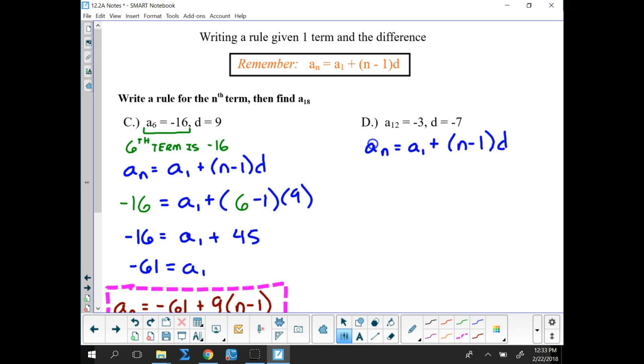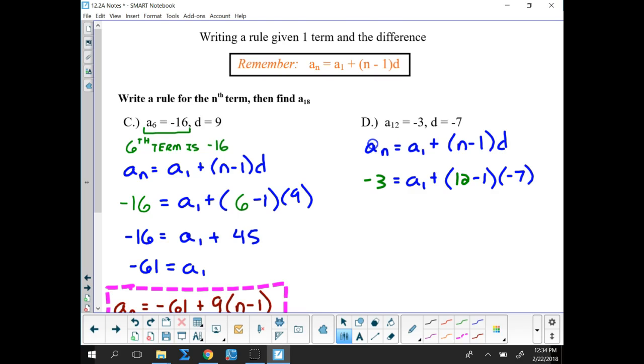So I know that my 12th term is negative 3, which means my number of terms is 12. And I know my common difference is, excuse me, negative 7.